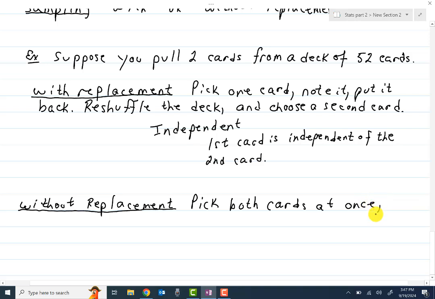It's just that you don't put the first card back. So we're going to pick them one at a time without putting any cards back.